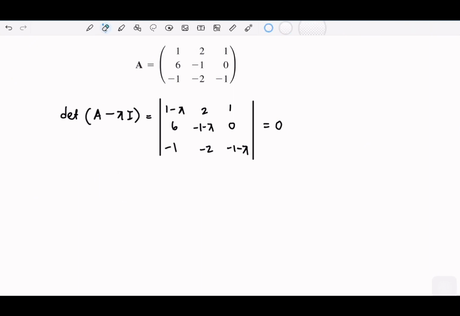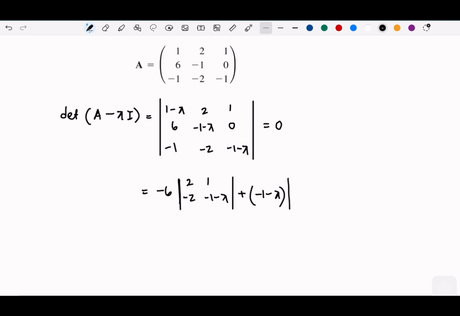So let's say we have -6. This is 2, 1, -1, -1, negative lambda. And then plus, or it should be plus, right? Plus. Let me just write it like this to avoid mistakes.